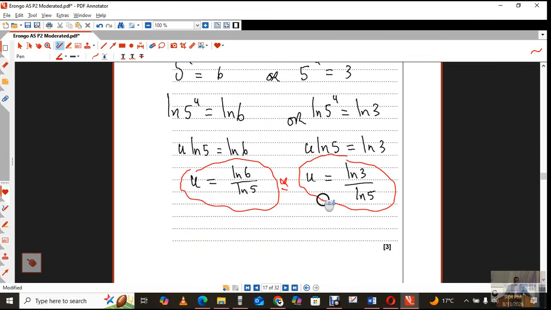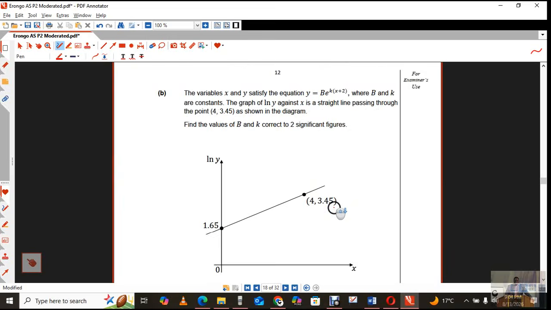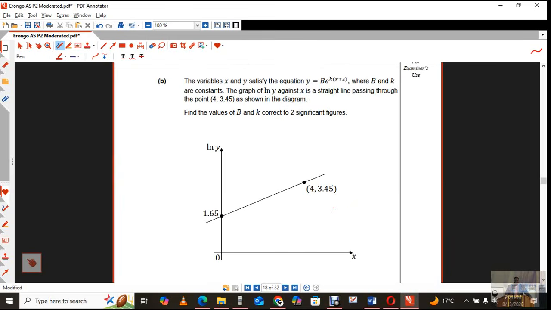Right. Let's go to the next part, part B. The variables x and y satisfy the equation y equals b e raised to the k in brackets x plus 2. b and k are constants, which we are going to be asked to find, corrected to two significant figures.